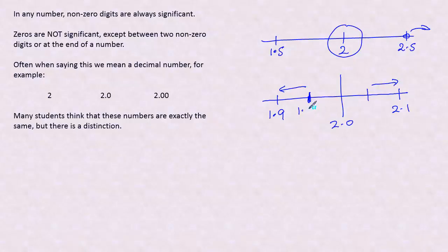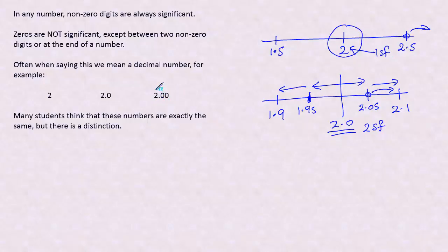So we're talking about 1.95 and 2.05, with this one not included because it would round to here. So it's a much narrower range of numbers that rounds to 2.0 when we go to two significant figures than it is to go to 2 when we go to one significant figure.